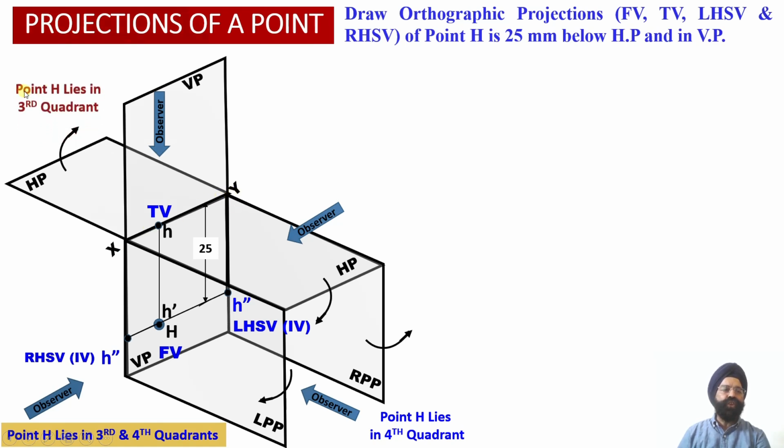Now let us assume that this point H happens to lie in the third quadrant. In the third quadrant, the plane of projection should lie in between the object and the observer.